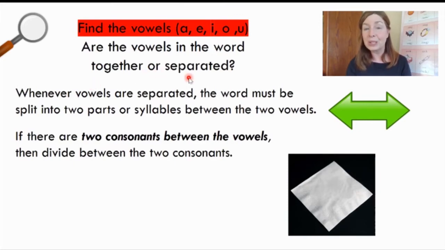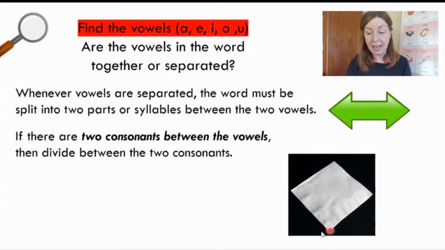It's really important to notice if the vowels are side by side, neighbors, or if some consonants are between them. Whenever vowels are separated, the word must be split into 2 parts or syllables between the 2 vowels. If there are 2 consonants between the vowels, divide the word between the 2 consonants.